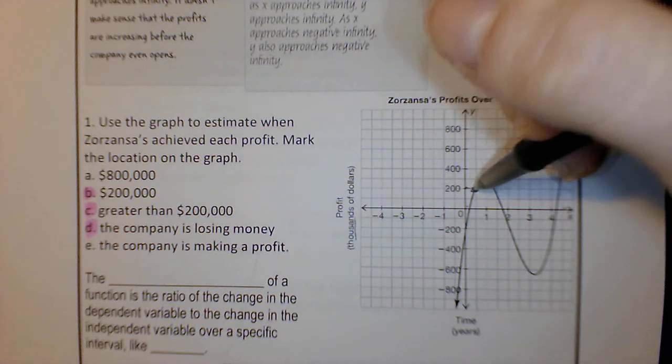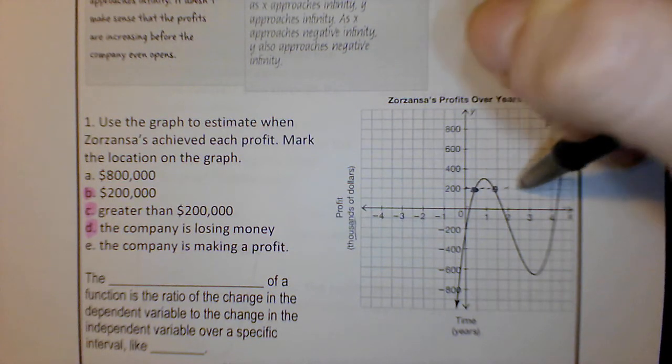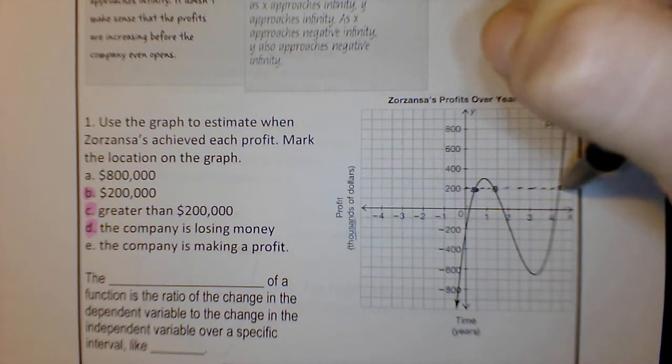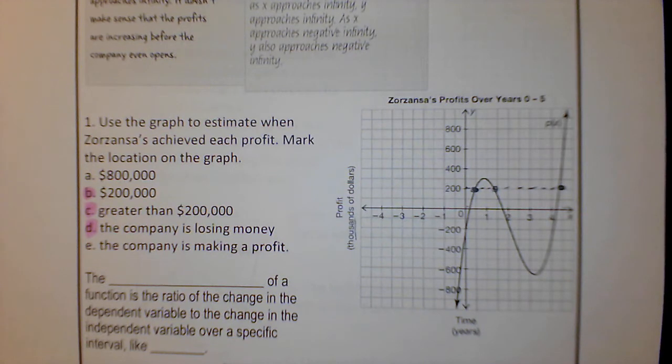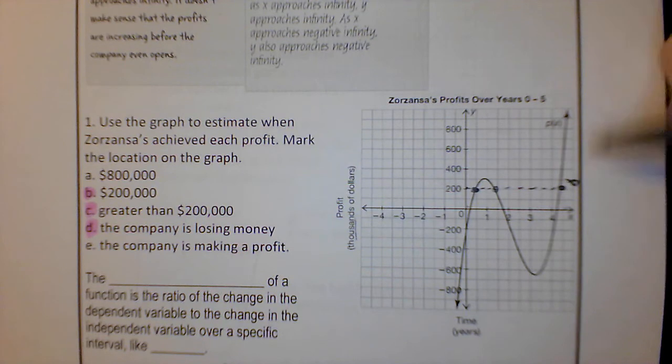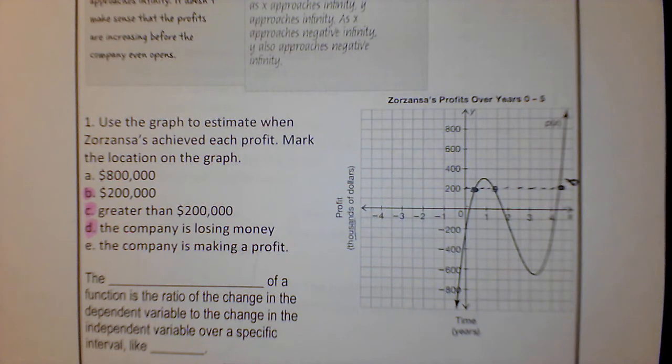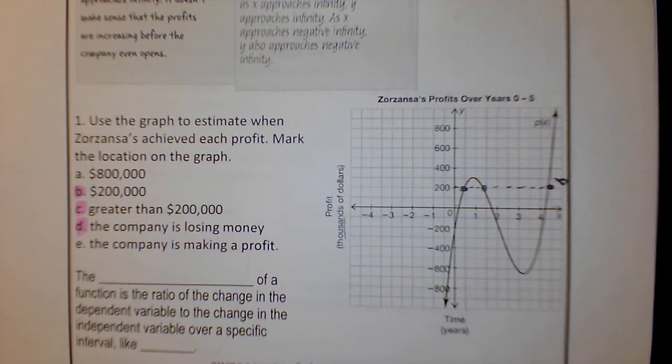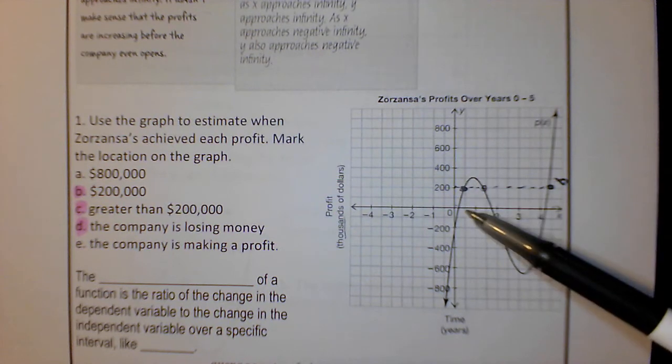Here, here, and over here. Okay, so I've marked that on my graph. This is all B. But I also need to be able to explain when that is. So the first time that that happens is at half a year.